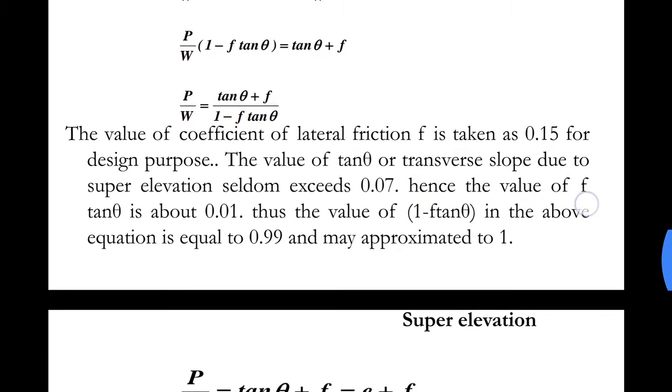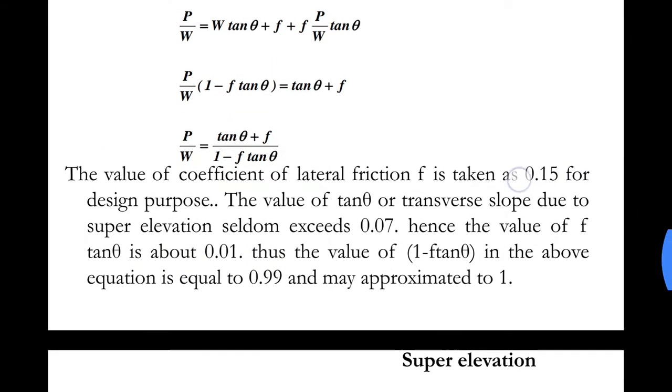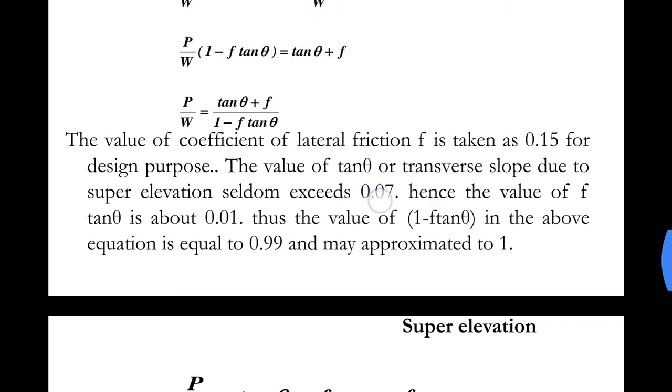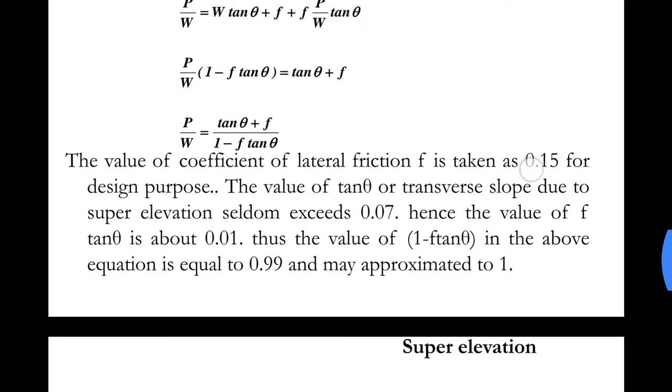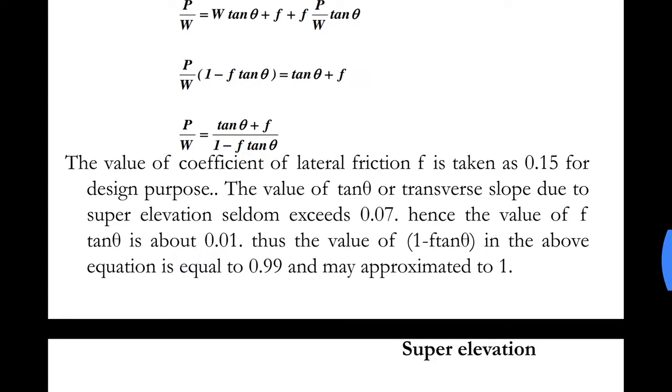Hence the value of F tan theta is about 0.01. Since F is equal to 0.15 and tan theta or E is equal to 0.07, if you multiply 0.07 into 0.15, you will get a value lesser than 0.01.